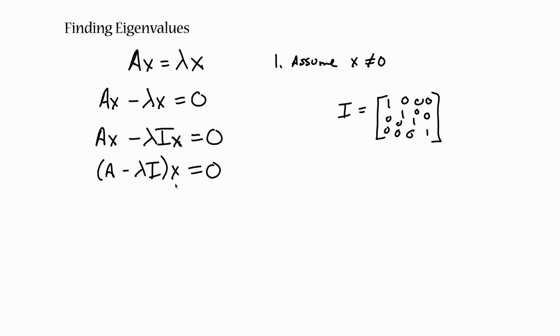Since we already decided that x is not equal to 0, that implies that the determinant of this other matrix, A minus lambda I, is equal to 0. This might seem like a bit of a jump, but because we know x is not equal to 0, the determinant of this must be 0. But there is a rule of matrices.